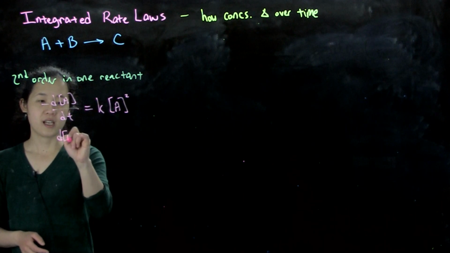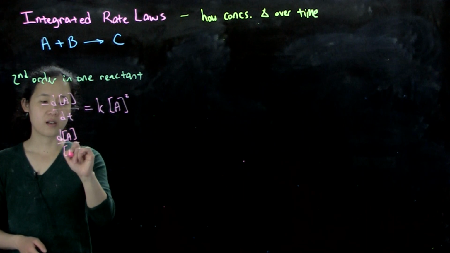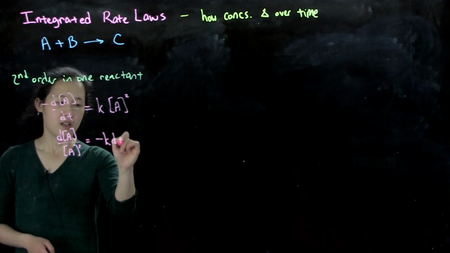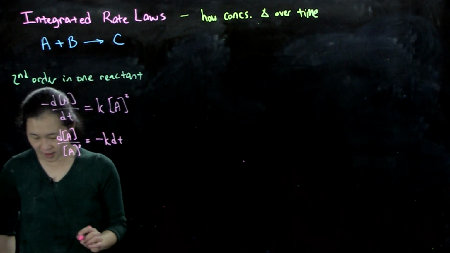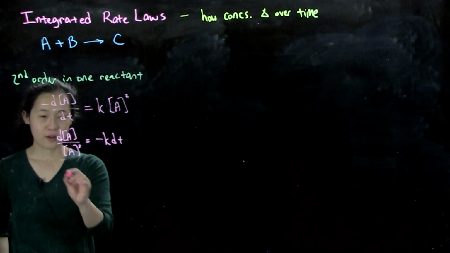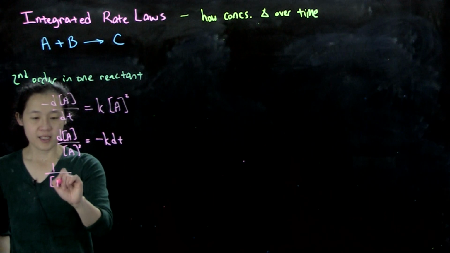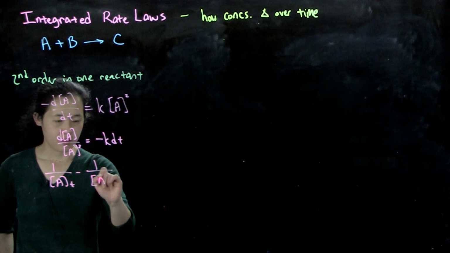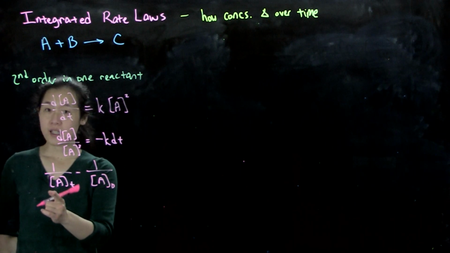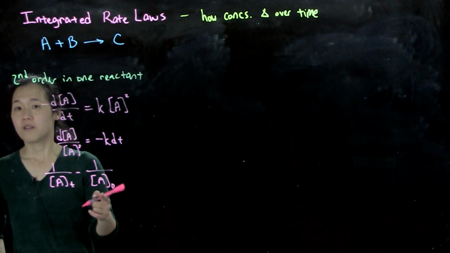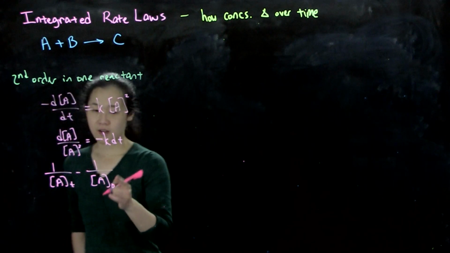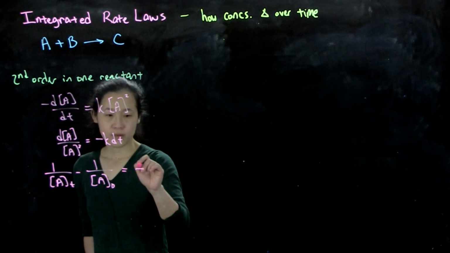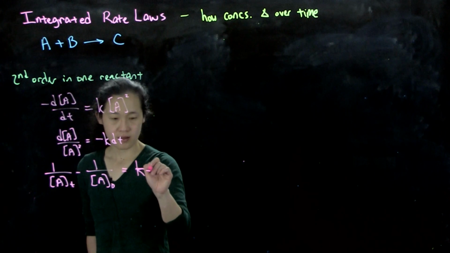So move everything to one side: dA over A squared equals negative k dt. So again, we integrate, and I won't go through it, but suffice it to say our final integrated rate law is 1 over A at time t minus 1 over the initial concentration of A equals kt.